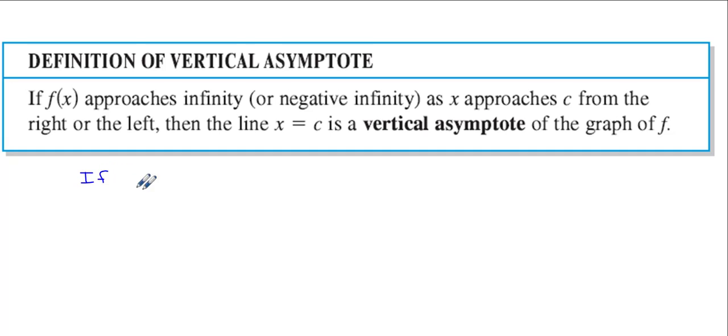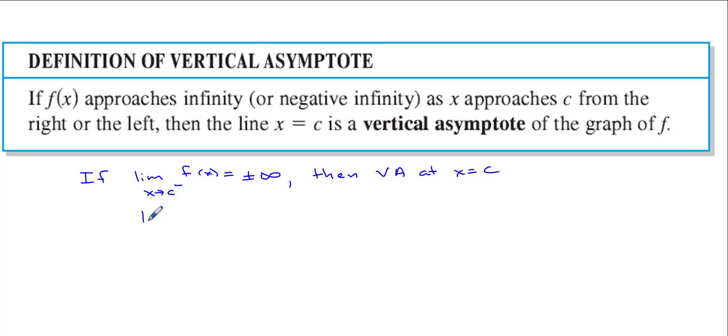If the limit as x approaches c from the left or from the right, and I could put left or right. I could put minus plus or plus minus right here.